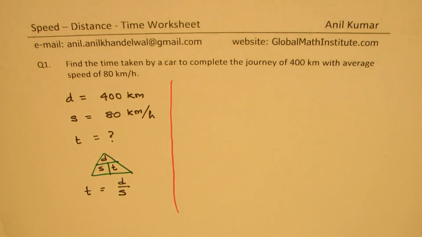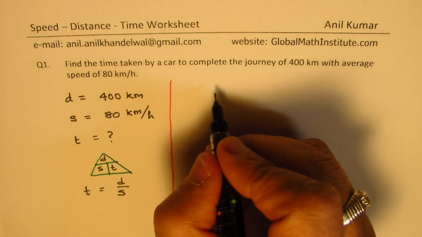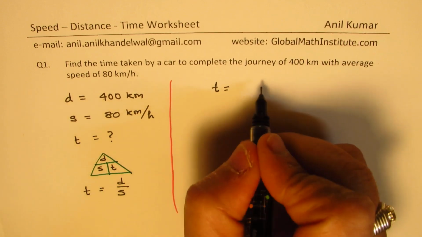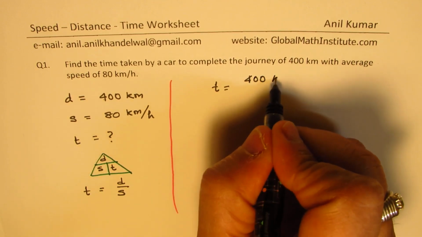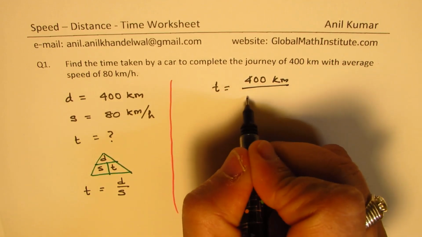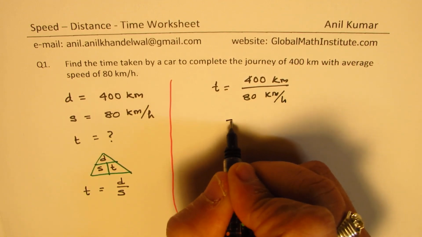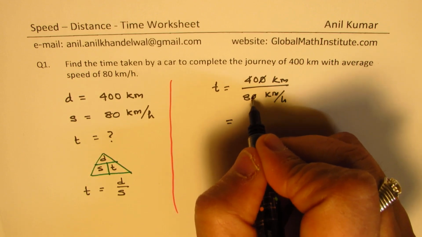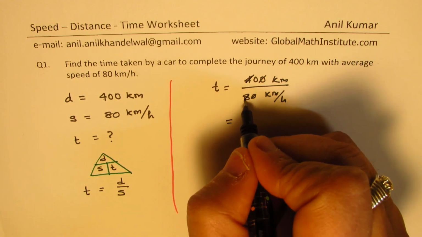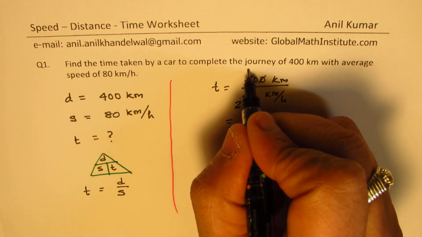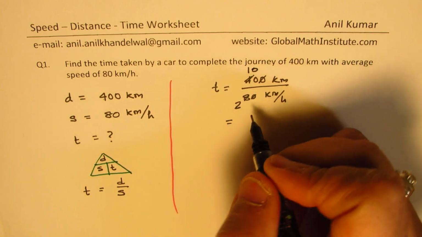So that is how we are going to solve this question, right? So that is the base. Let's find out the time now. So time is equal to distance of 400 kilometers over speed of 80 kilometers per hour, right? So that can be simplified, and we get 10 here, right?